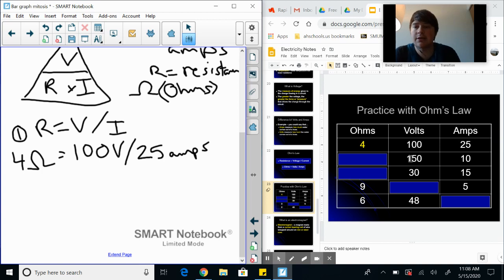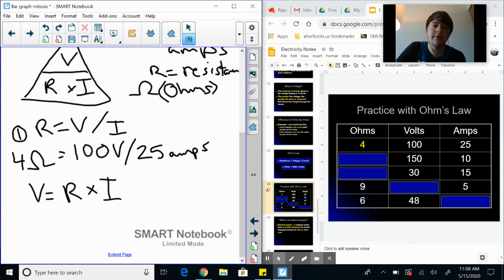Essentially, I'm going to look at an example problem for voltage. This second to last one right here, we're trying to find volts, and it's going to be equal to resistance times current. All right, so there is my formula.